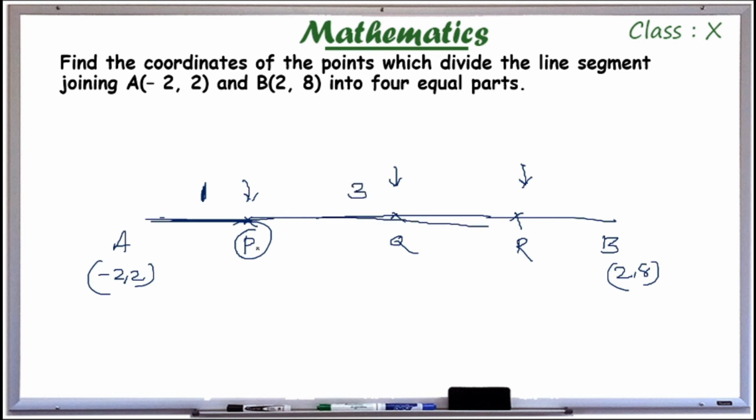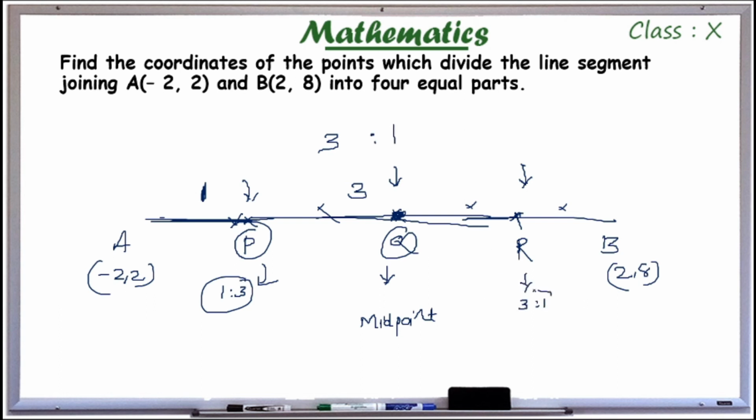So 1:3 is the ratio for P. For P we have the ratio 1:3, and Q is the midpoint of AB. So using the midpoint formula you can find the coordinate of Q. And for R, on the left side we have 3 portions and only 1 portion on the right side. So 3:1 is the ratio of R.